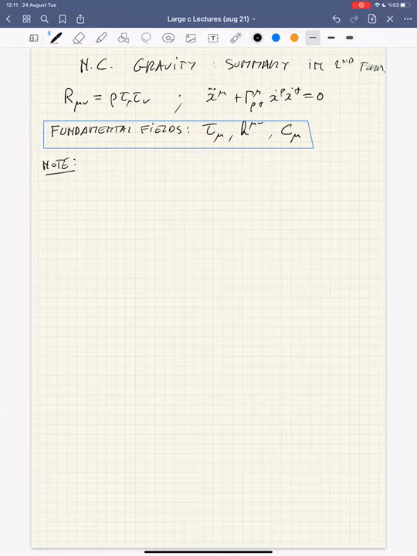So let us go back to actual Newtonian gravity just for a second. Where is Newtonian gravity hiding?